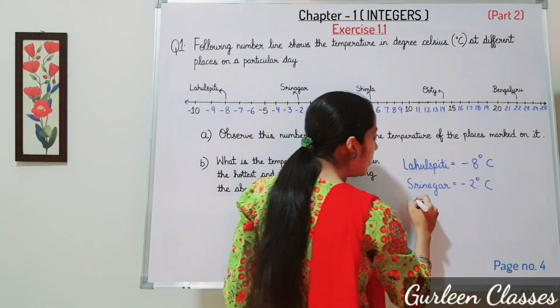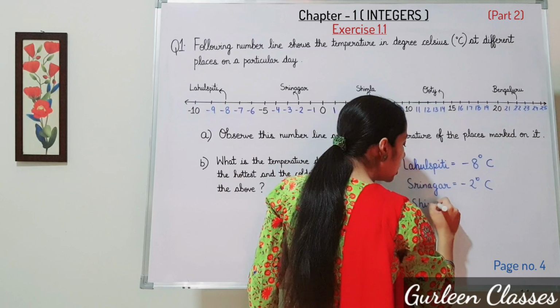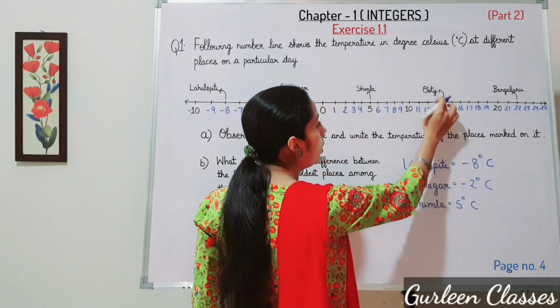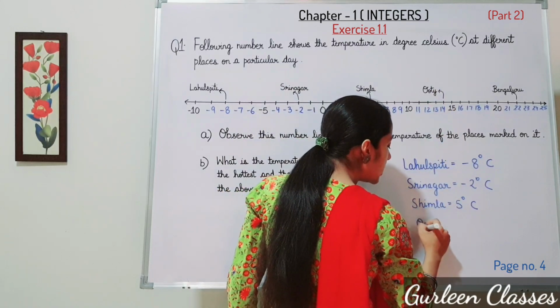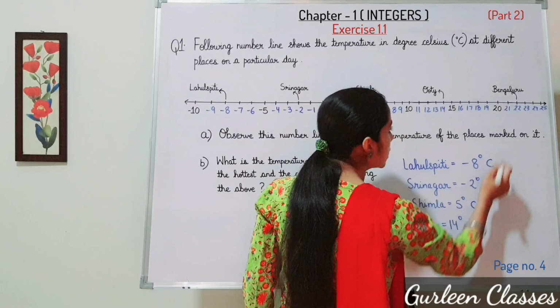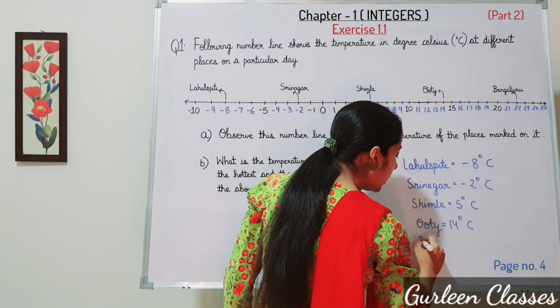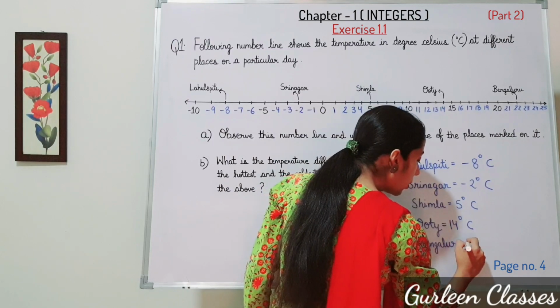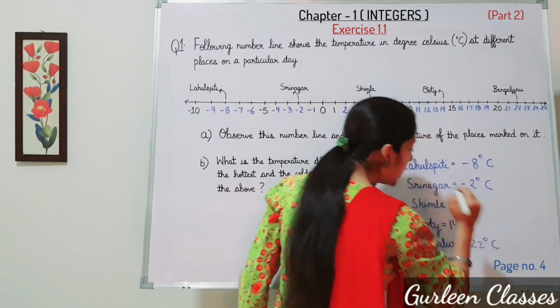Shimla is 5 degrees Celsius. Shimla is 5 degree Celsius. Then Ooty is 14 degrees Celsius. Ooty 14 degree Celsius. Bangalore is 22 degree Celsius. So right here, Bangalore 22 degree Celsius.